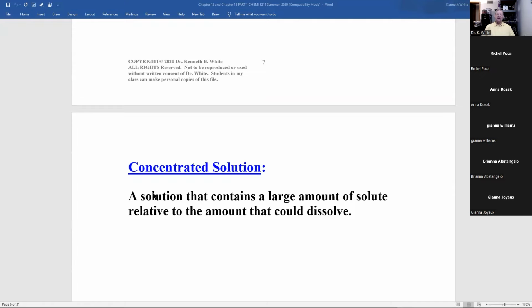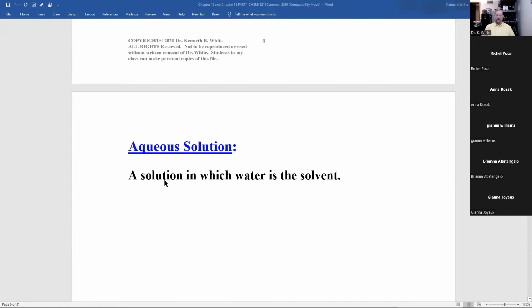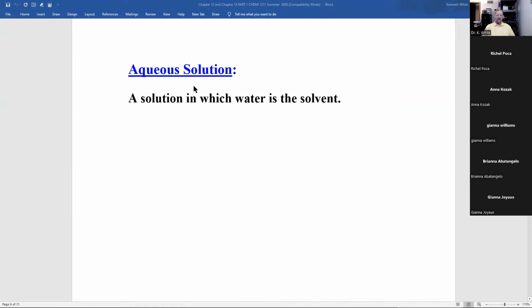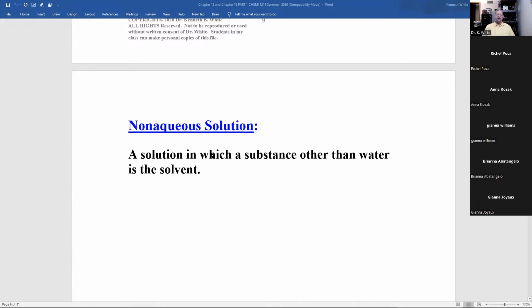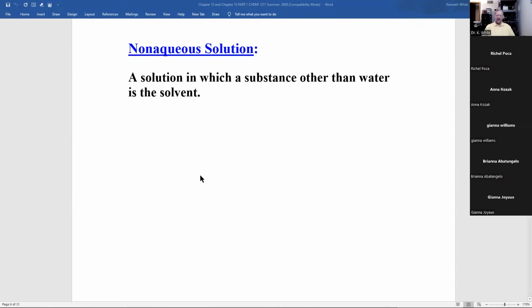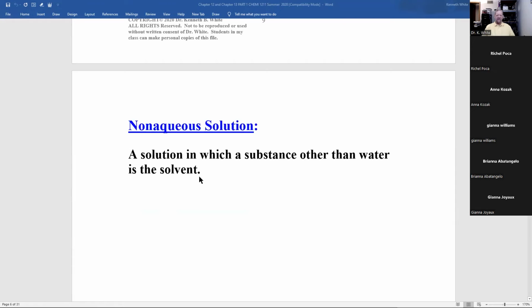Remember, I talked about concentrated orange juice or orange juice concentrate. And the most important, aqueous solution, which is a solution in which water is the solvent. Now, non-aqueous, where water is not the solvent. Actually, I should change this definition. Non-aqueous means there's no water present.